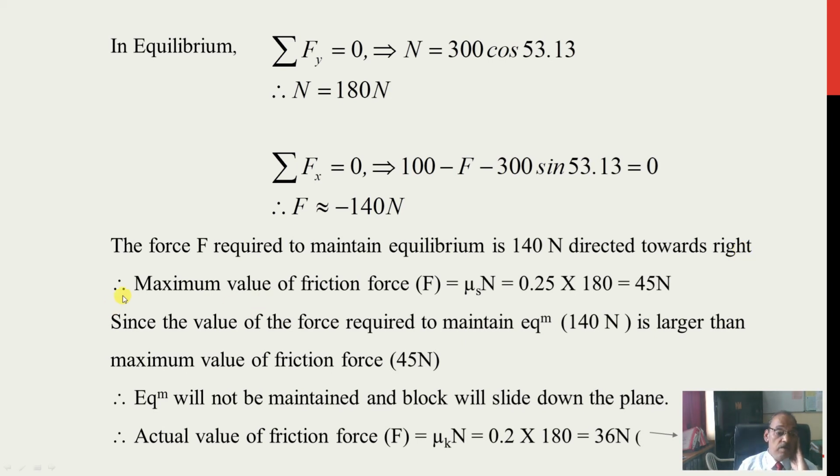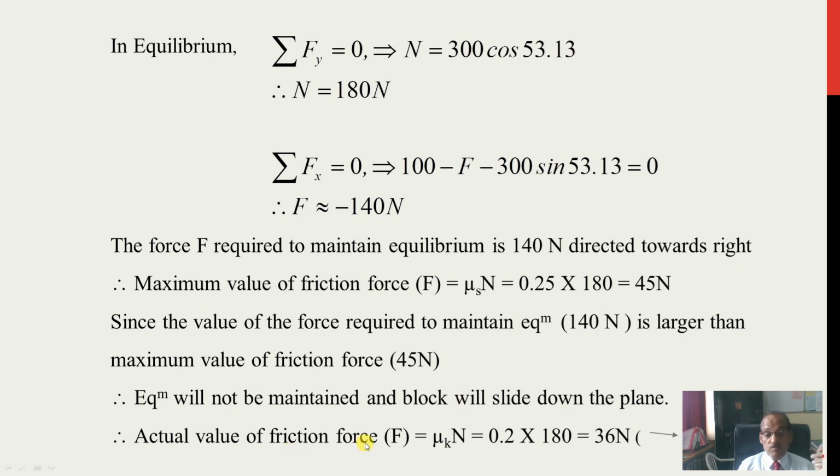Okay, what is the maximum value of frictional force generated? Normal reaction is 180 and static friction is 0.25, so 45, but required is 140. Since the force required to maintain the equilibrium, 140, is larger than the maximum value of friction, that is 45, equilibrium will not be maintained and the block will slide down the plane.